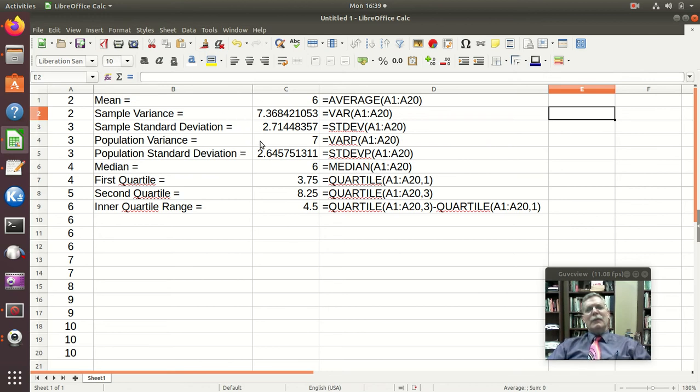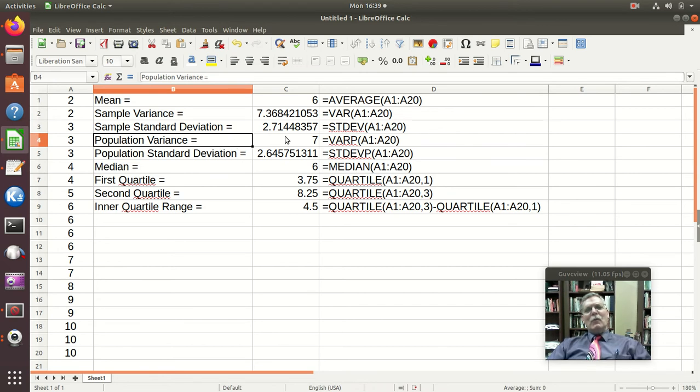And the difference is simply in the formula. When I add up all the squares of the differences in this formula up here, I'm dividing by n minus 1, whereas here I'm dividing by n.